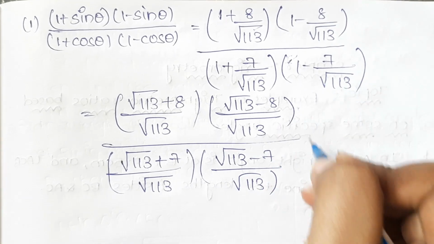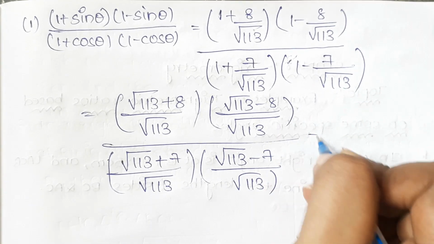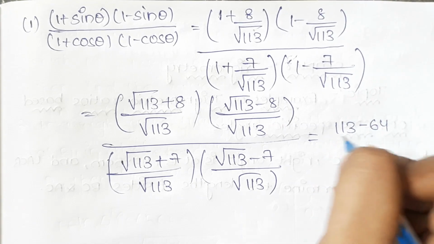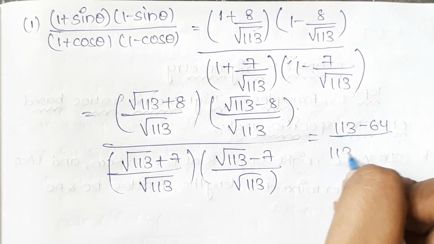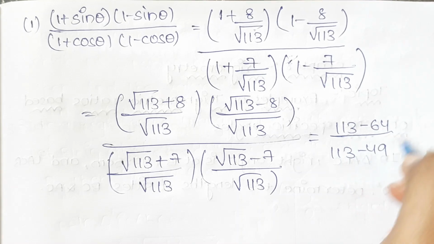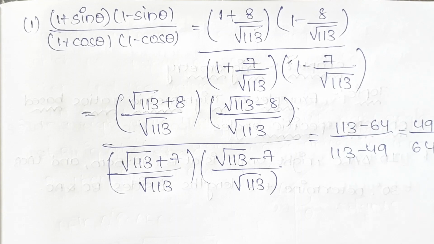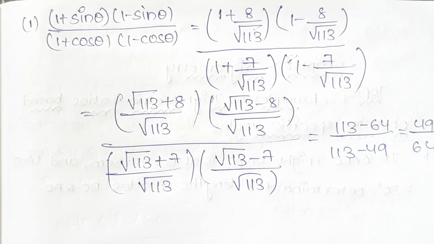From this we will get 113 minus 64 by 113 minus 49, that is 49 by 64. How? Let us see that.